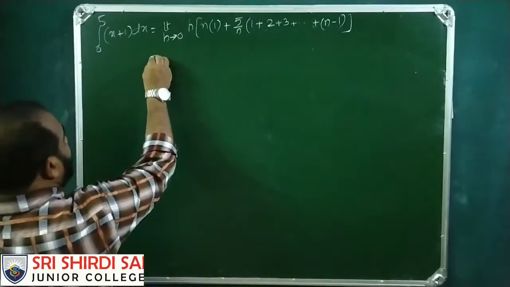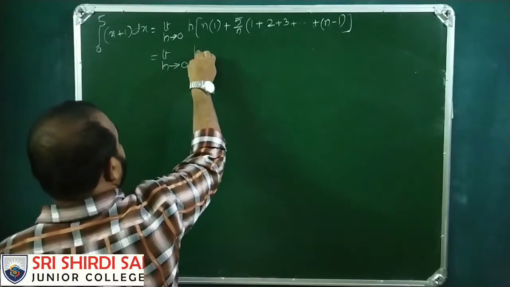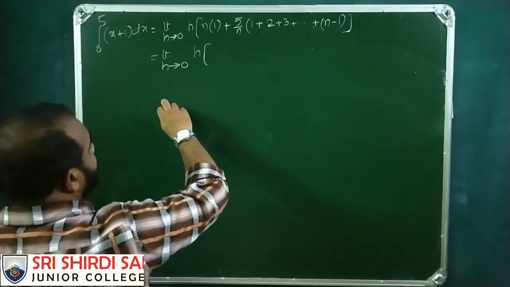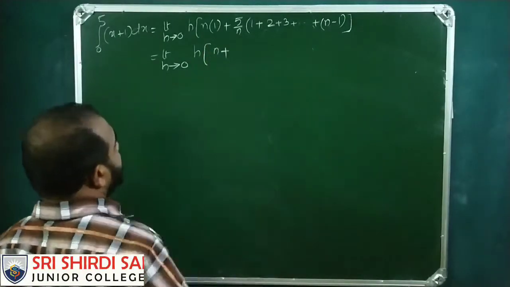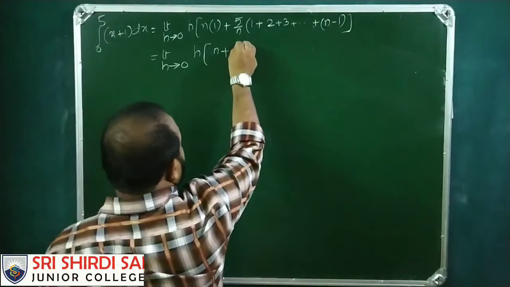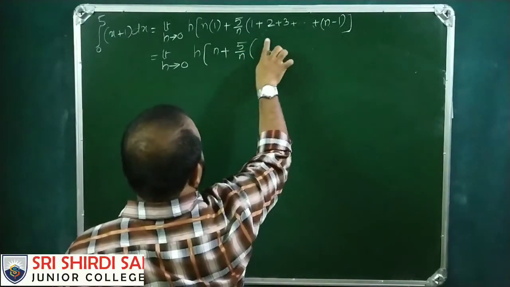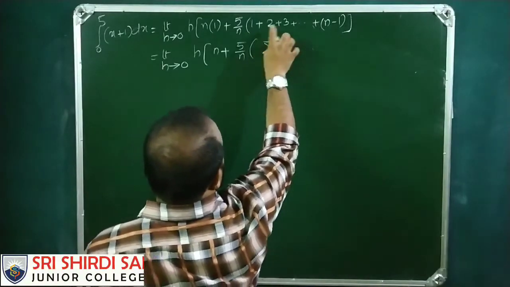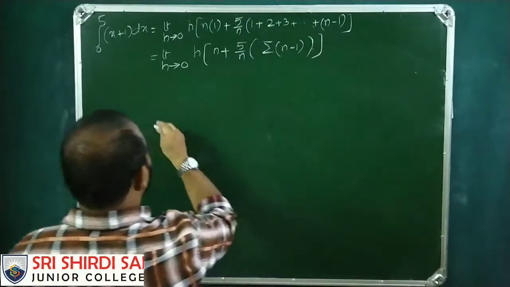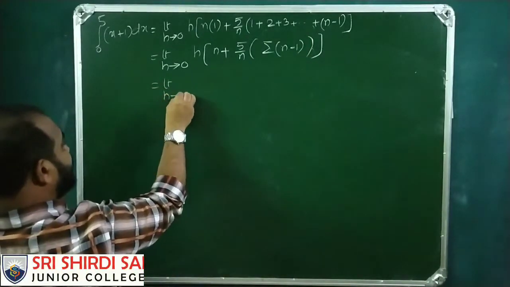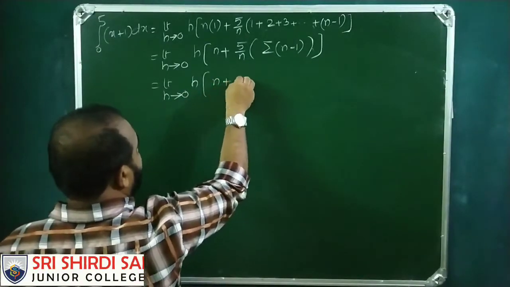This is equal to limit h tends to 0, h into (n plus 5 by n times the sum of n minus 1 terms).